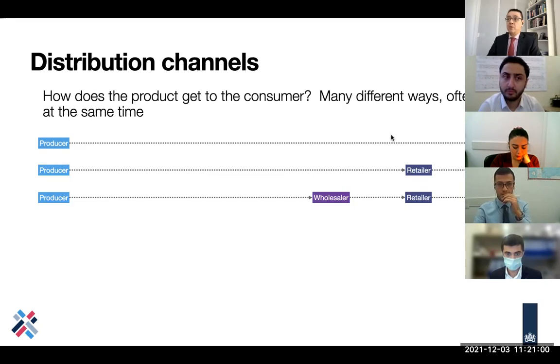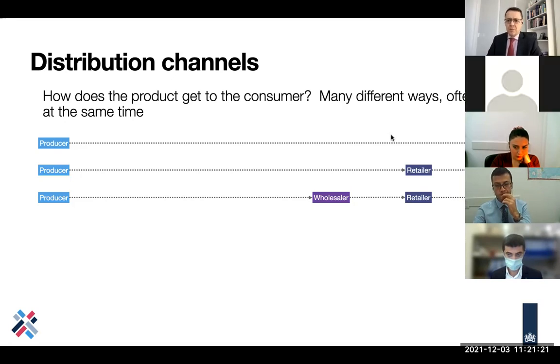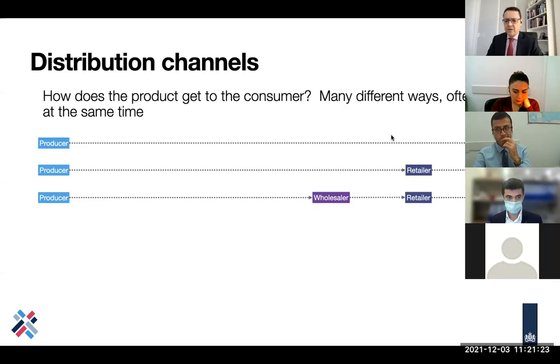This is also a valuable service when, for example, supermarkets get a wholesaler in the distribution chain, in the distribution channel, to ensure that they can get products from many different suppliers. Say, for example, food, not processed, but fresh food, so fruits and veggies. They get them from different suppliers.